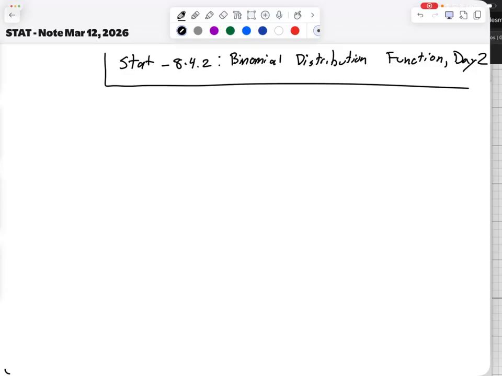Just as a reminder, when we were talking about the binomial probability, we know we need to have an n and a probability p. Then we're asking questions like, what's the probability that x equals r?